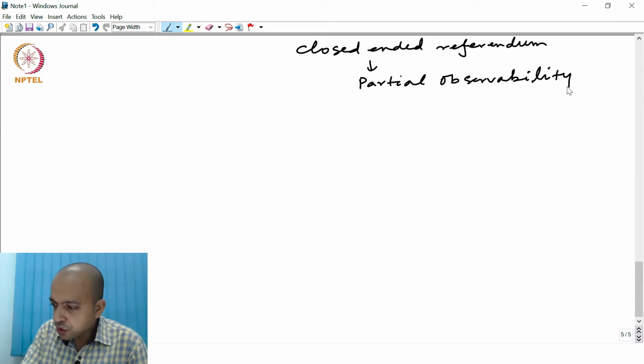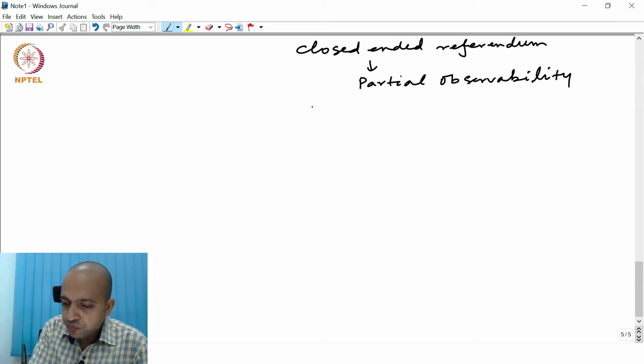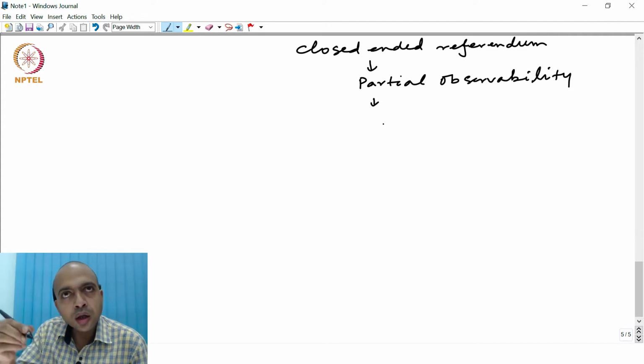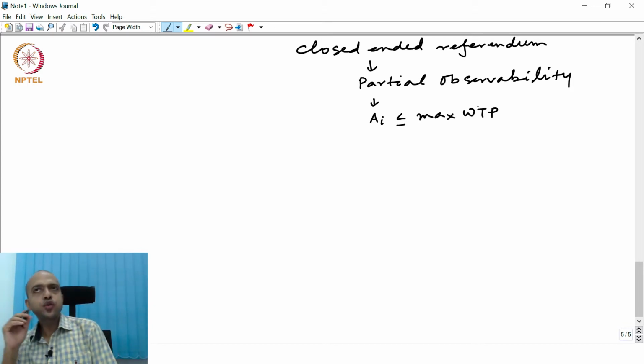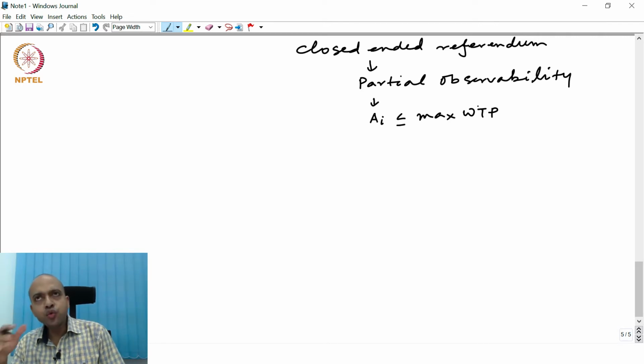Why the partial observability problem? Because the amount AI for which you are asking the respondent is less than or equal to the maximum willingness to pay. So I am asking the respondent, are you willing to pay some 100 rupees for this particular change in the quality of environment?